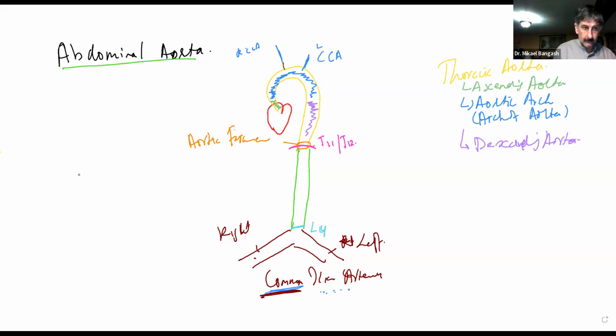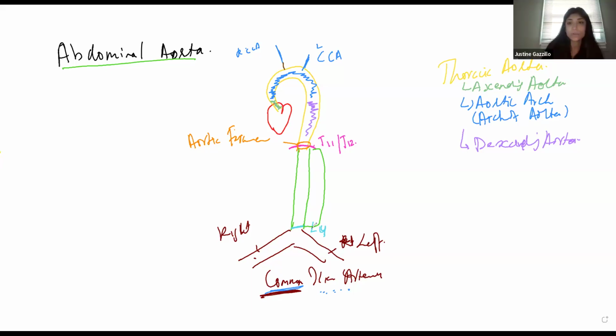So this part here is going to be our abdominal aorta, extending between T12 or T11 to L4, where it finishes off by bifurcating at the level of L4 or the fourth lumbar vertebra.